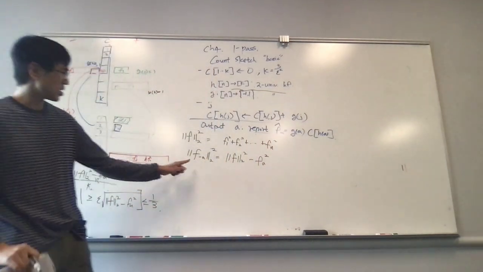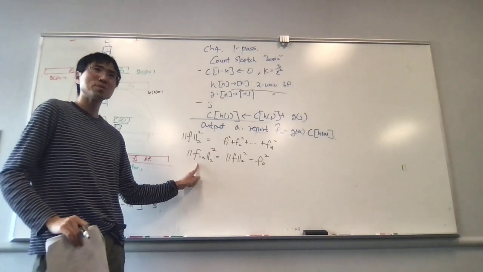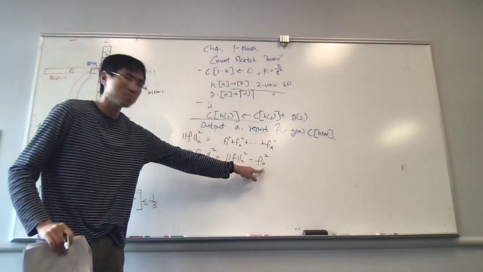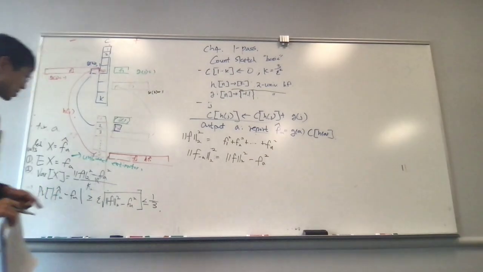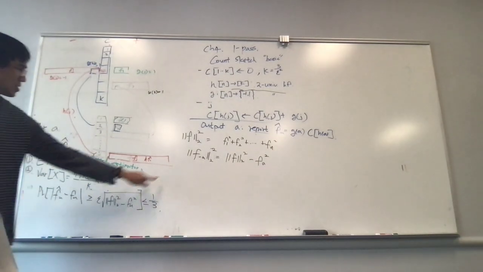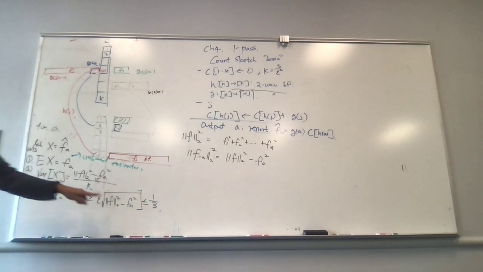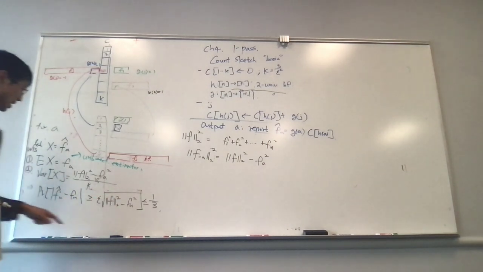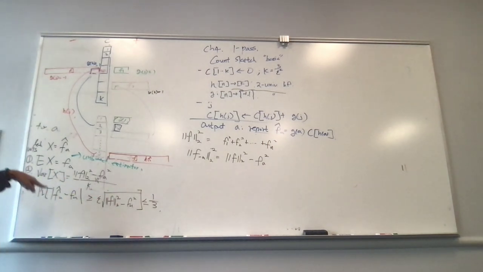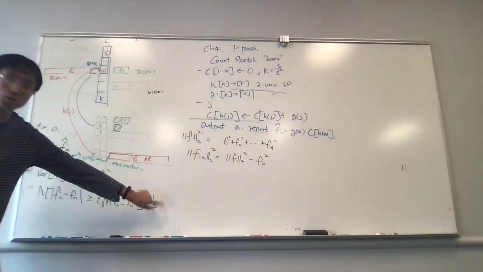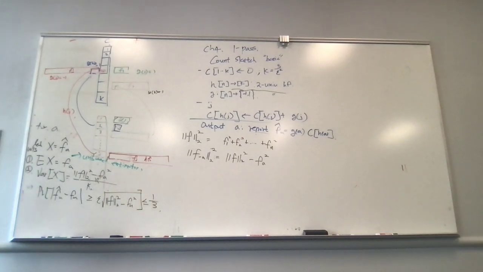What this means is, let's get all the entries except the a, just take it off. That's exactly this one. So this is some L2 quantity, and the probability that our estimator deviates from the expectation by more than this much is at most 1/3. That's what I want to show.